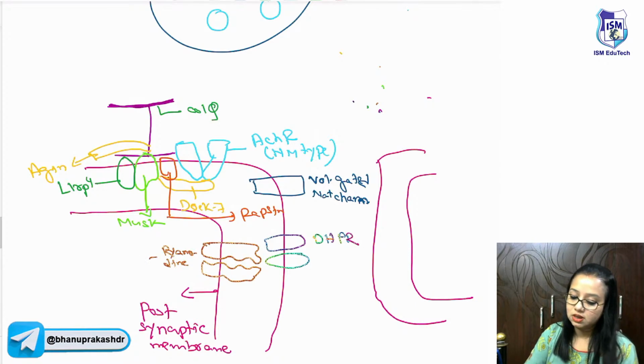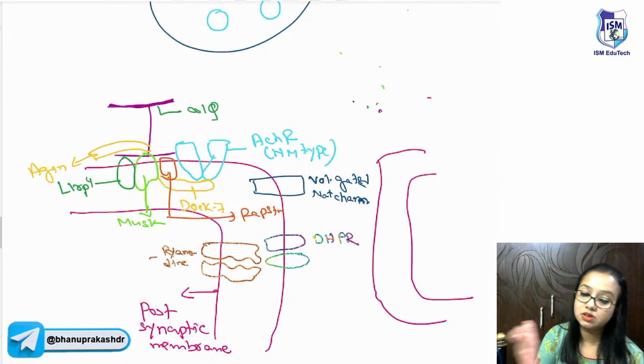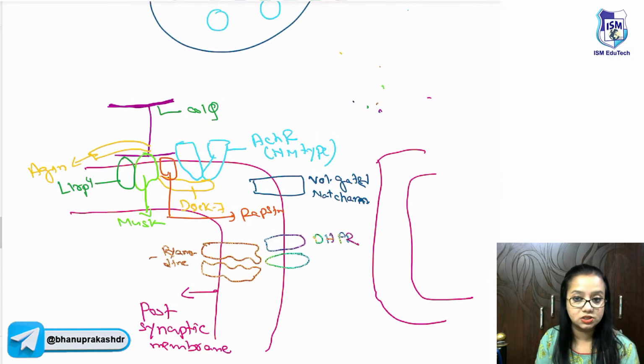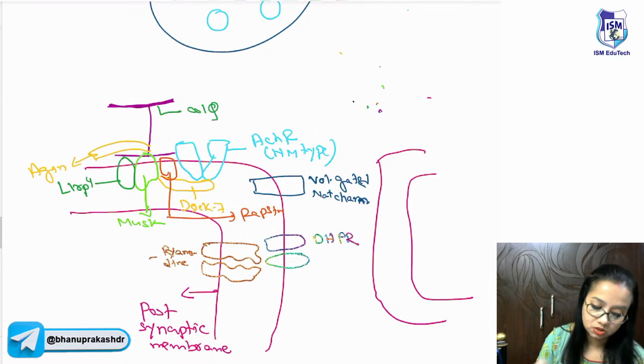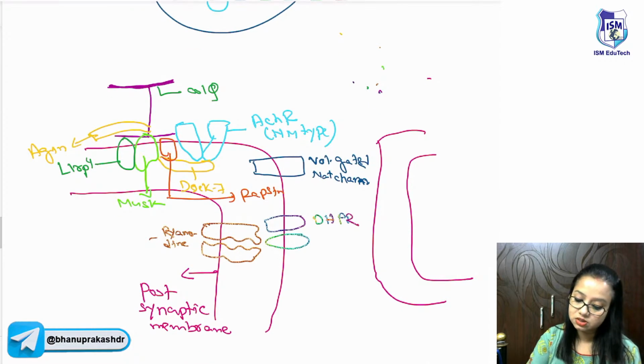Both are calcium receptors. Dihydropyridine receptor is for calcium, ryanodine is also for calcium, but the dihydropyridine receptor senses the voltage. All this we will again study tomorrow in detail. So these are the structures.